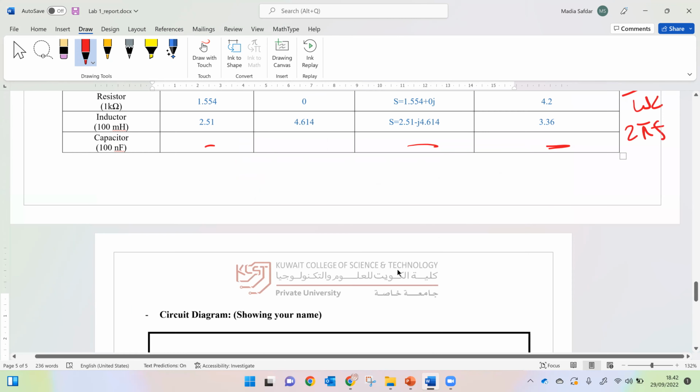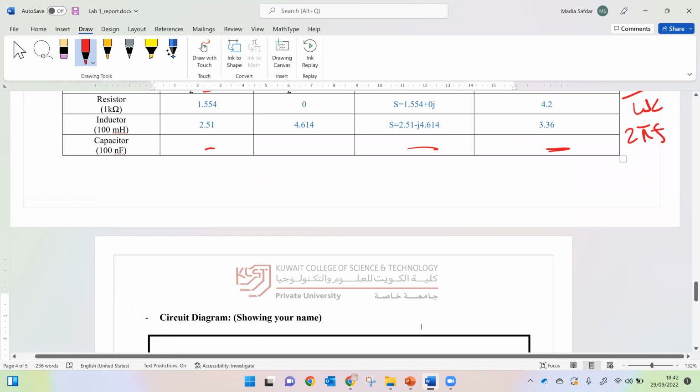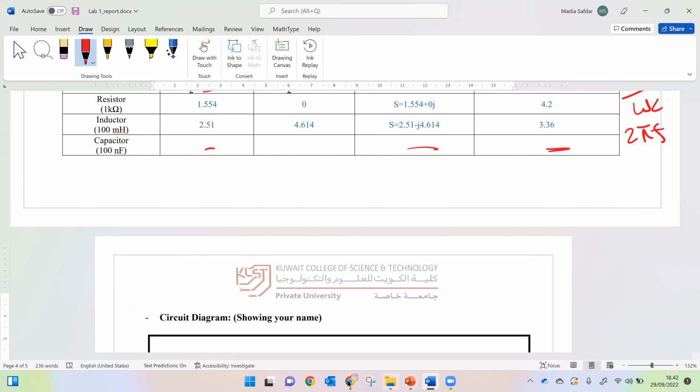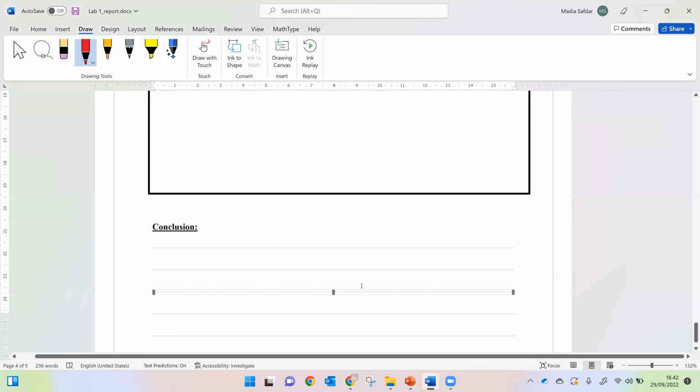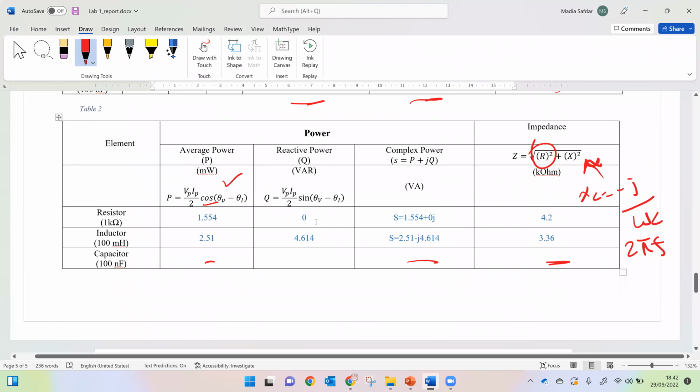In the case of the resistor, input and output were in phase. In the case of capacitor, the output was leading the input, and in the case of inductor, the input was leading the output. Write this conclusion in your own words here. So that's it.